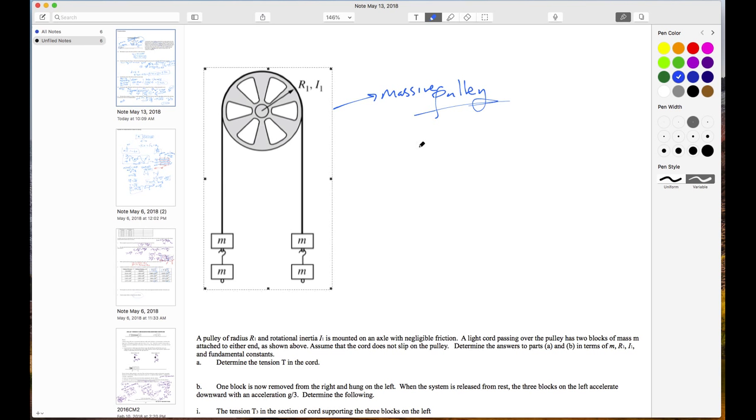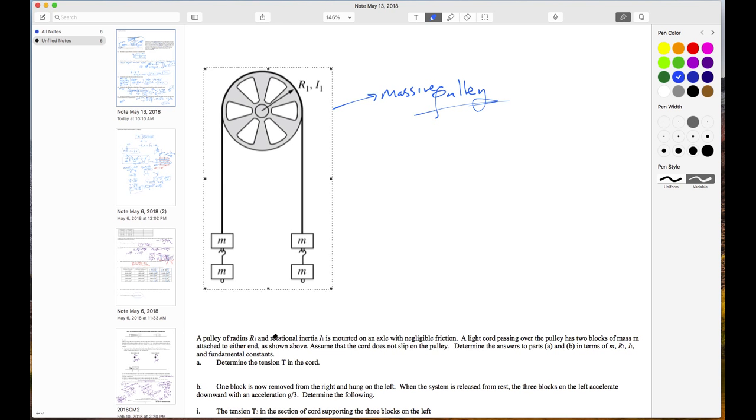If we have a massless pulley, it doesn't add any rotational energy to the system when it rotates, because its mass is zero. So for our purposes, we're going to consider a situation like this differently to some extent than what we'd consider a situation with a massless pulley.